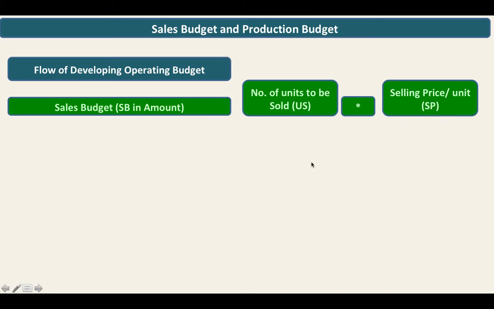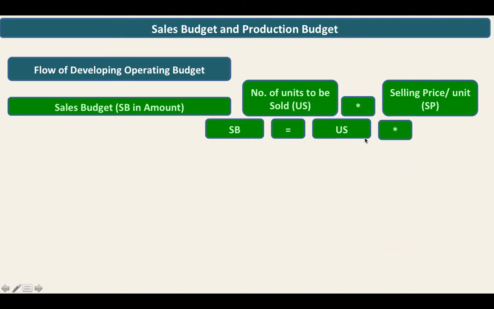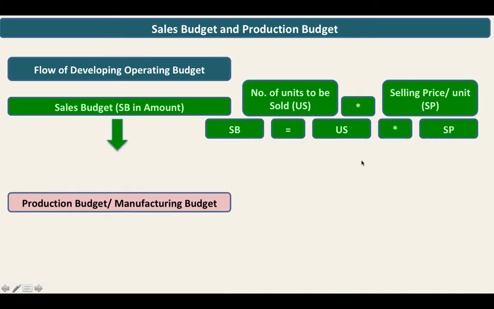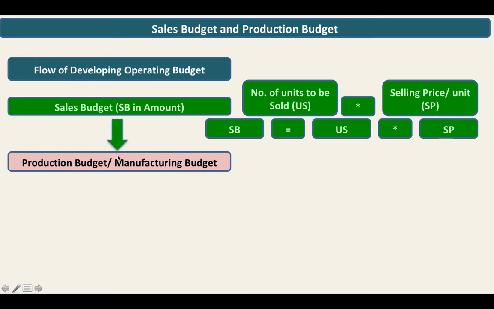So your sales budget, SB, is equivalent to US, units sold, times the selling price.